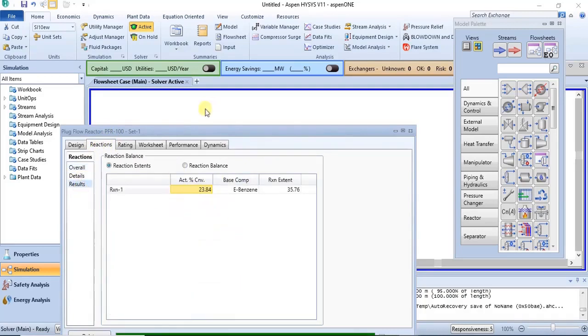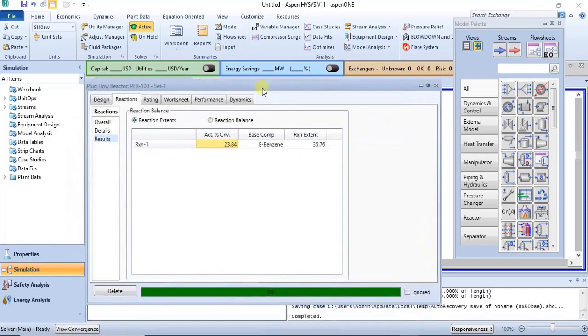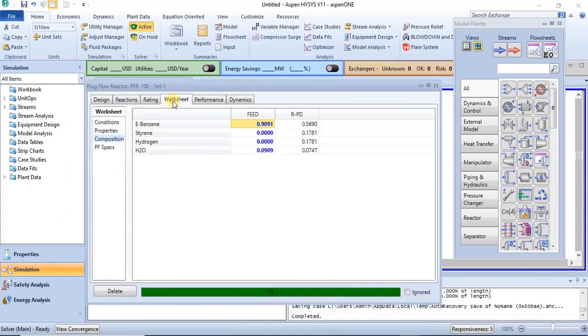So this is the conversion. The conversion is 23.84%, right? Based on the specifications we have made.